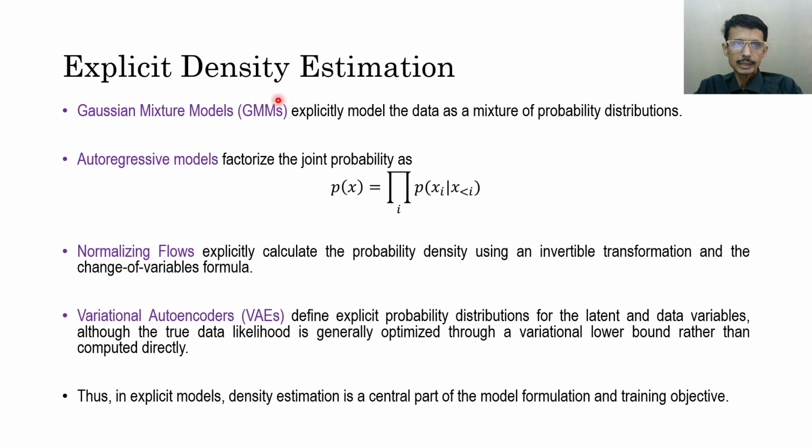Now, there are some more of these explicit density estimation models. Gaussian mixture models explicitly model the data as a mixture of probability distributions. So it's explicit. The autoregressive model we have seen structures the joint probability by the chain rule. Another important one is normalizing flows, which explicitly calculate the probability density using invertible transformations and the change of variable formula.